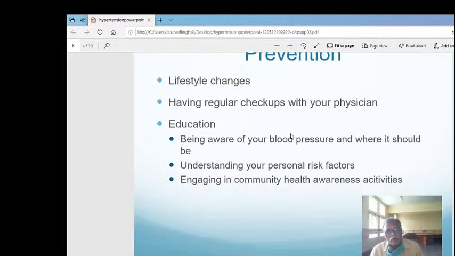You have white coat hypertension. That is when you are examining the blood pressure in your clinic, usually it is slightly higher, 5 to 10 millimeters maybe higher.